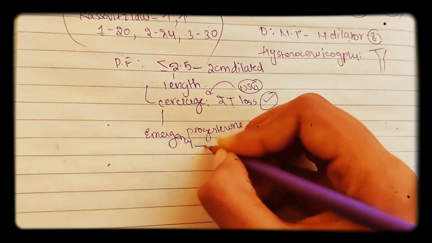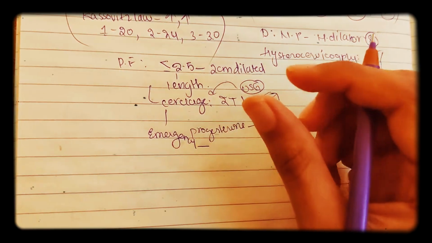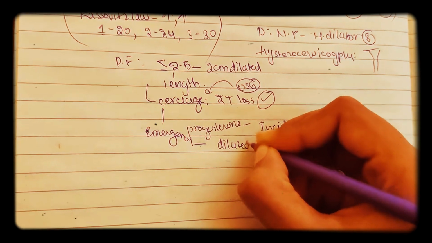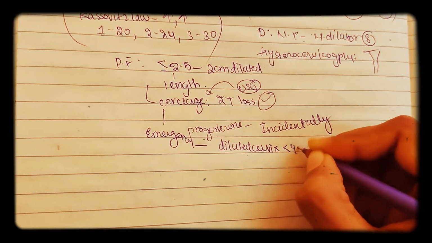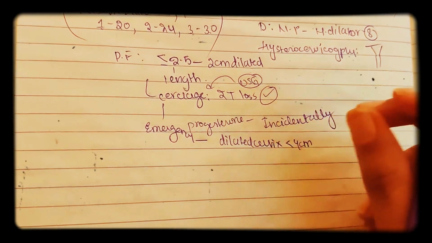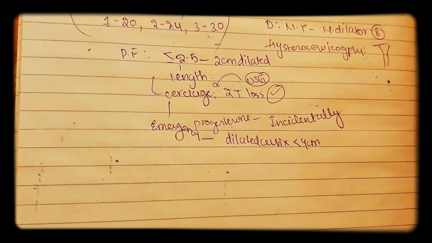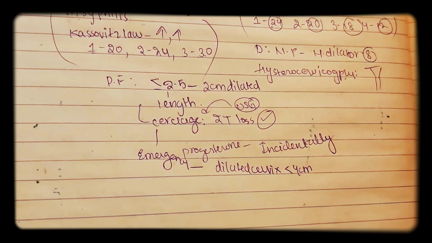In this case, the patient is in pain and on examination is found to have a dilated cervix, which is less than 4 centimeters, and the membranes are intact. So you can see it's a very emergency case because now the cervix has dilated less than 4 centimeters, right? So this is very important.